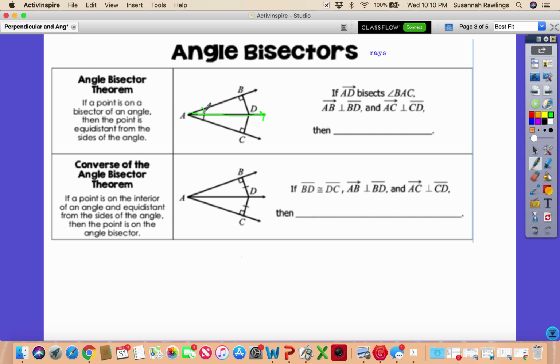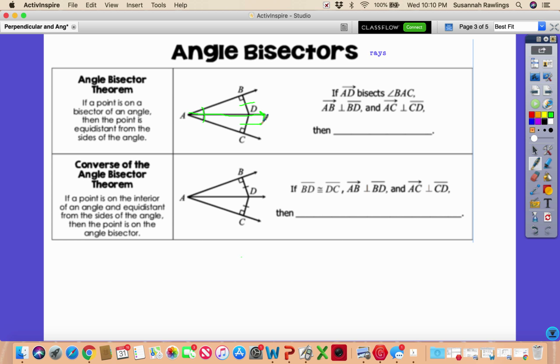So I have two congruent angles there, which tells me that that has been split in half. So if AD bisects my big angle BAC, and I have two perpendicular segments there, then I know that these two segments are going to be the same.